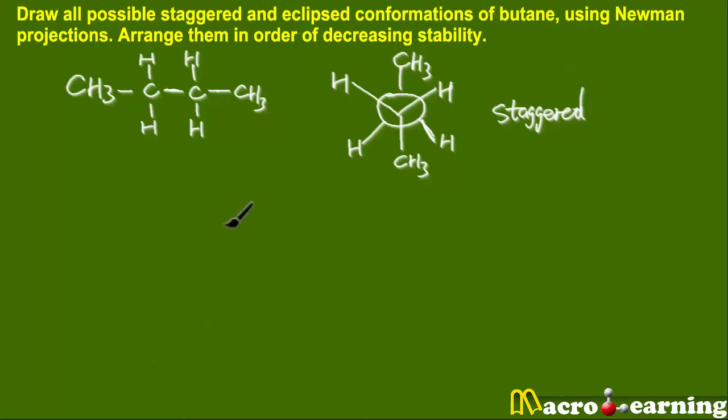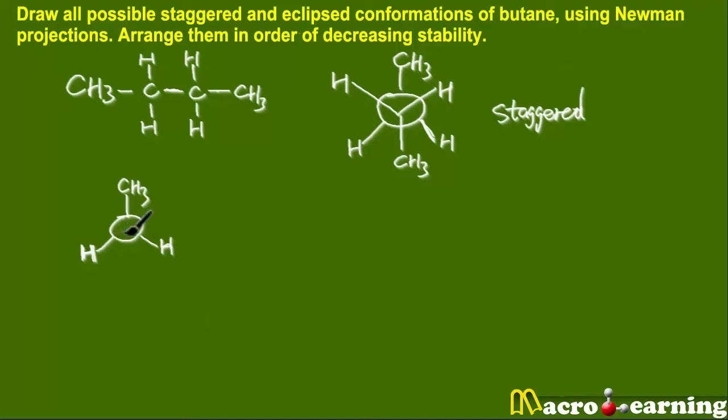conformations. And so to get the other conformations, staggered or eclipsed, what we do is we turn one of them. Turn the one in the back or in the front. So personally, I would keep the one in the back fixed. Okay? Same thing. Methyl, hydrogen, like that. So the back one is unchanged, and we change the front one, and what we do is we turn it by 60 degrees a time, clockwise.